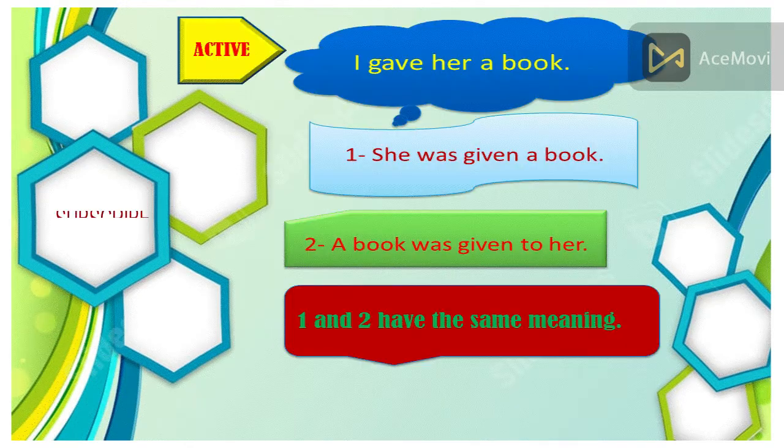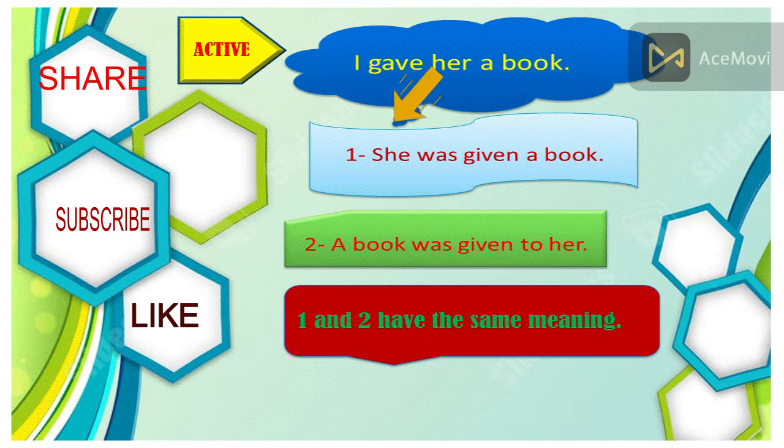Let's start with an active sentence. I gave her a book. Let's define this sentence. I, subject; gave, the main verb; her, indirect object; a book, that is the direct object. We change into passive. We start with what? With the indirect object. When you start the sentence with this, it should be in the form of a subject, so she.